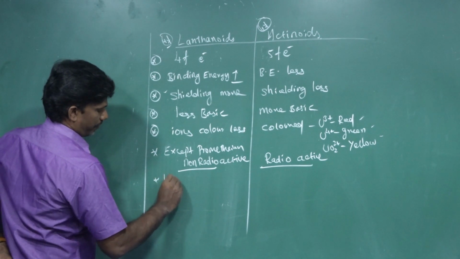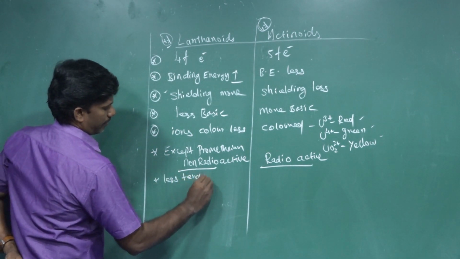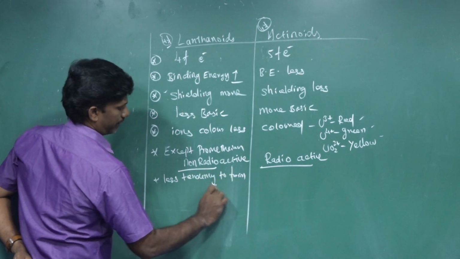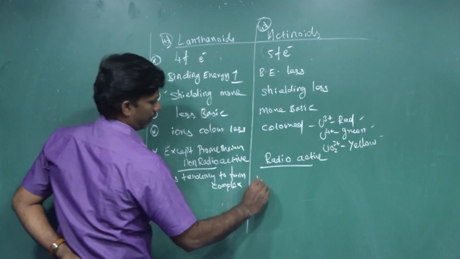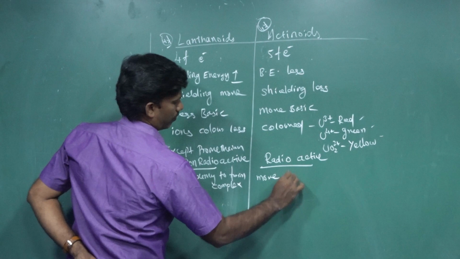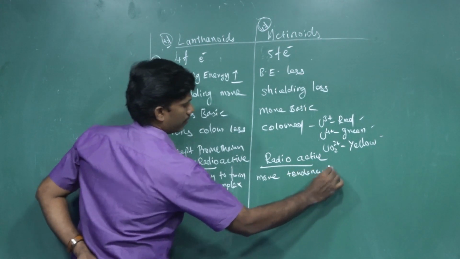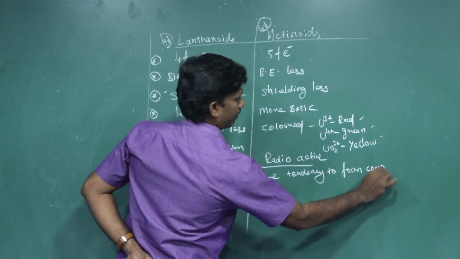Lanthanides have less tendency to form a complex. Actinides have more tendency to form a complex.